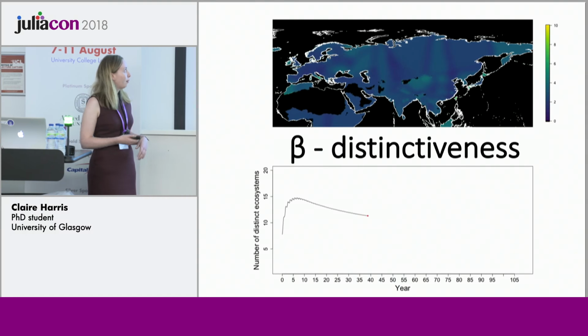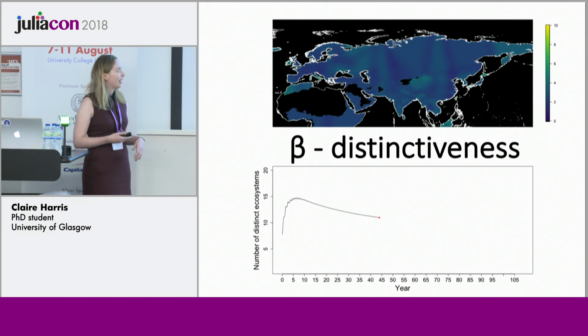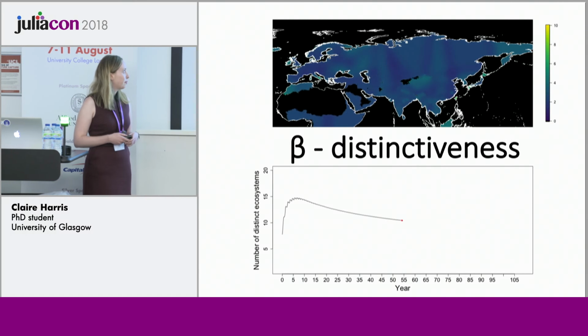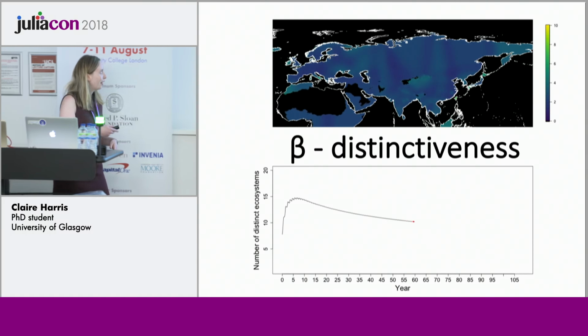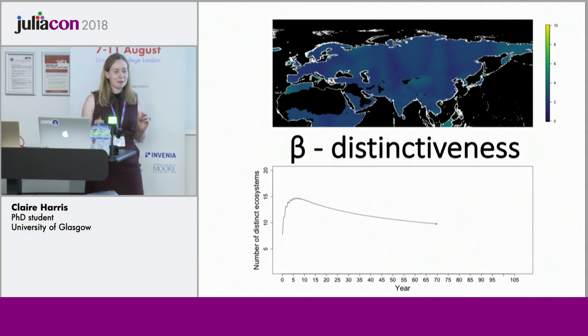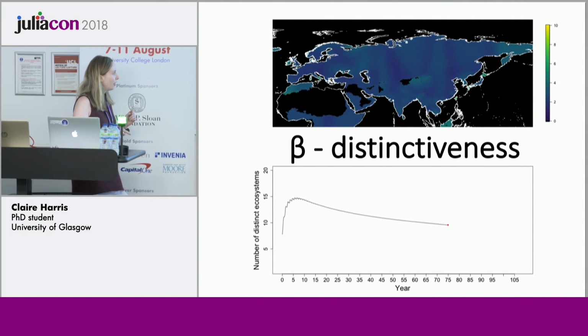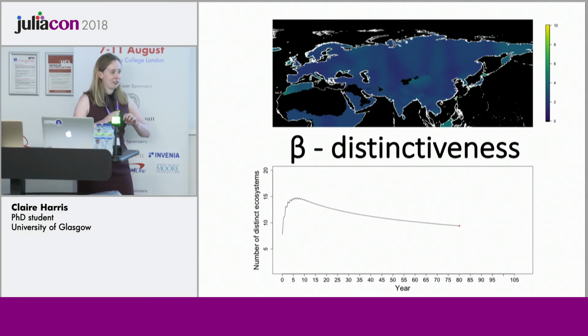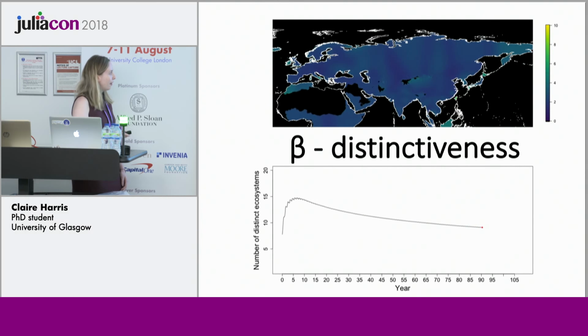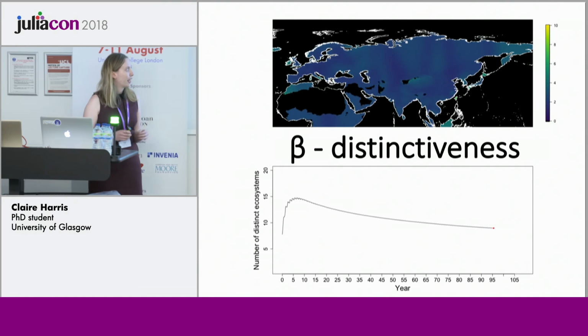This tells us that there are areas here with different amounts of species or different species themselves. And if we look over time at the number of distinct ecosystems we think we have in the system, it has a real pulse at the start as everything is moving towards colonizing new areas, and then drops off as parts start to get more and more similar.